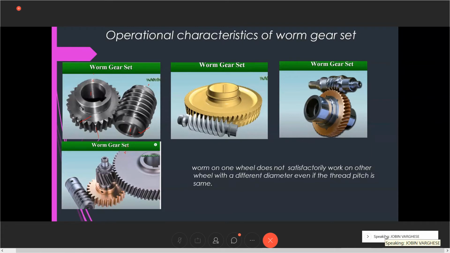Another one: is there any self-locking mechanism in the worm gear? Yes, obviously, and I haven't spoken about that; that's a point I missed. Self-locking means it can only go forward and cannot go backward. That's why the major application is in cranes and elevators, where it cannot return back and can rotate only in one direction.